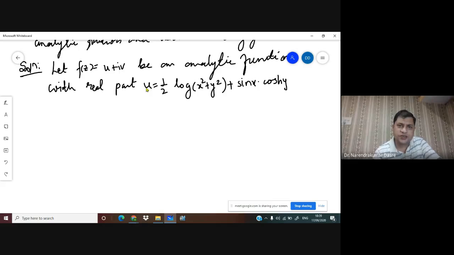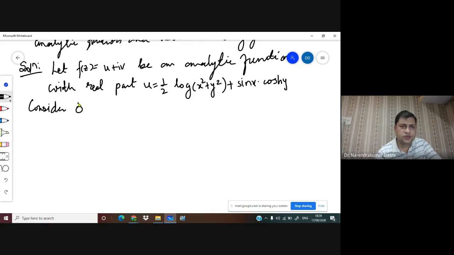To show this is a harmonic function, we have to find out second order derivatives. To find this analytic function, we have to find out the first order derivatives. Okay, so let us see. This is a real part. So we consider phi 1 of xy is equal to del u by del x.